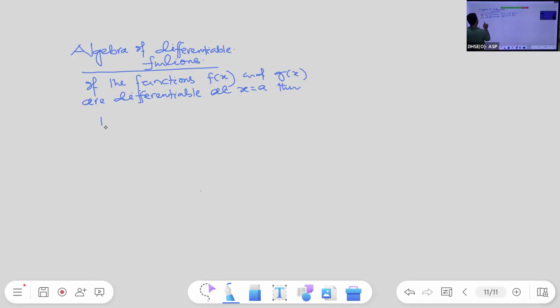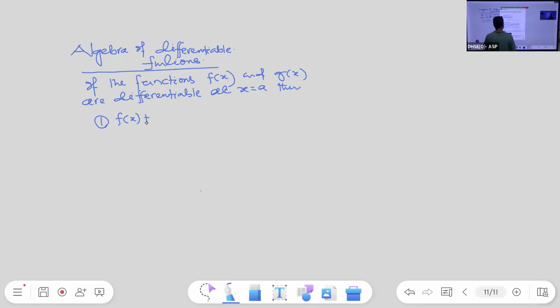first, f of x plus g of x is differentiable at x is equal to a. Now f of x is equal to e raised to the power x minus 1 upon log 1 plus 2x if x not equal to 0, 7 if x is equal to 0.